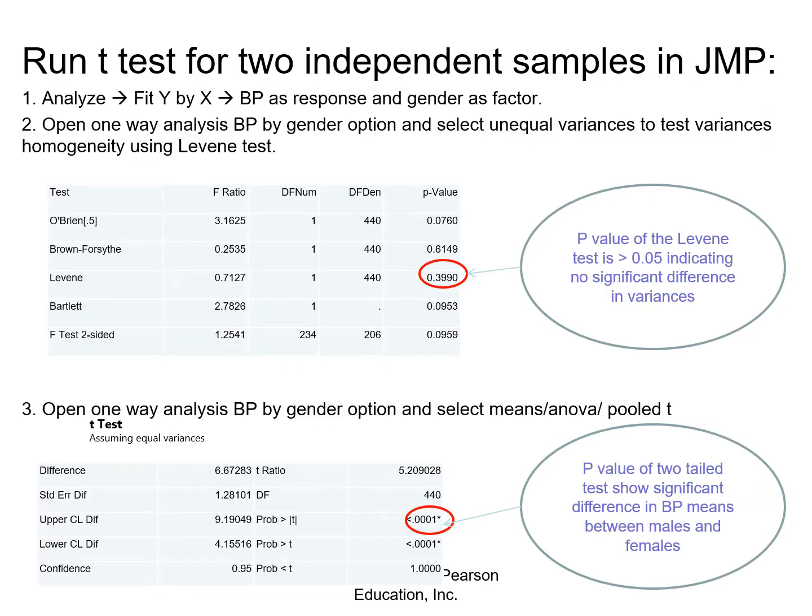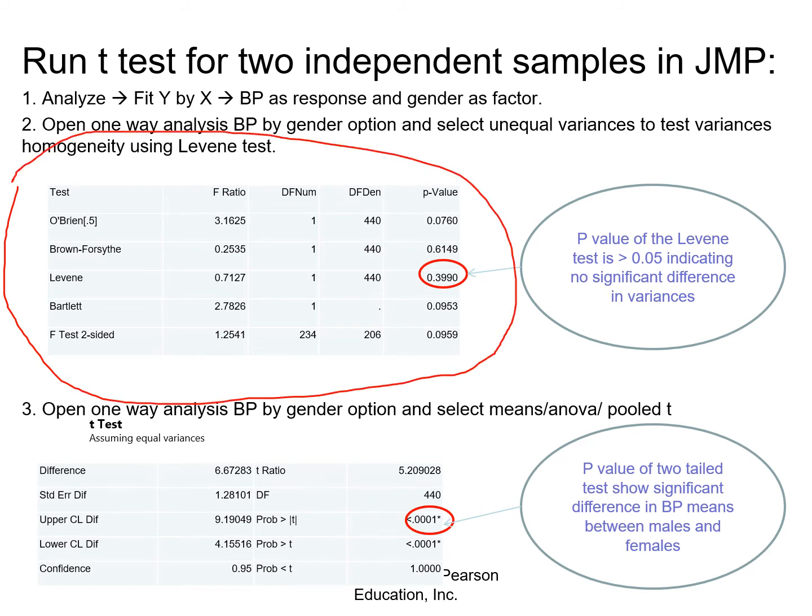In the output, it first shows if there is a significant difference in the variances, as one of the assumptions is homogeneity of variances. There is a test called Levene's test. This Levene's test examines if there is a significant difference in variation between two samples. This is Levene's test, and this is the p-value of the test. The p-value is 0.399, no significant difference.